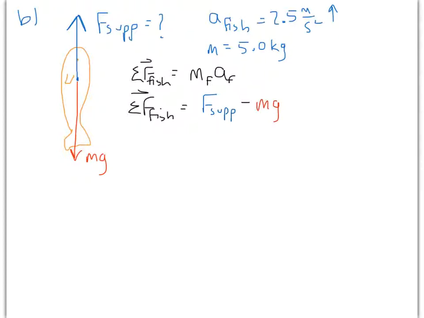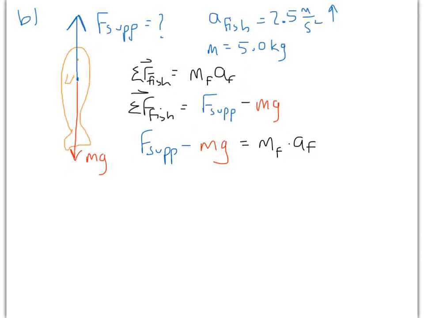Once again, we have two statements about the exact same value. These statements are equal to each other, so we can say the supporting force minus mg is going to be equal to the mass of the fish times the acceleration of the fish.